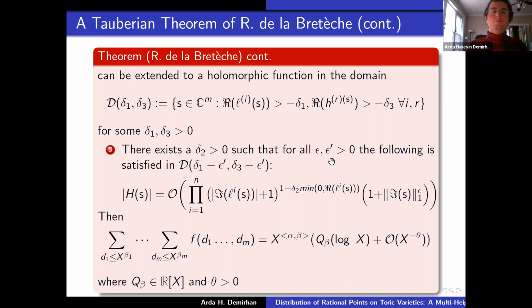In our case alpha is 1, 1, 1, so the number of trivial terms is 0. And since the Li's are coordinate functions, they are all linearly independent, so the rank is equal to n. So this is just n minus n plus 0. That's why the degree of Q beta in our situation is 0. Hence, we have the constant P beta.